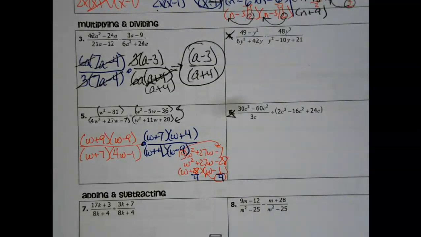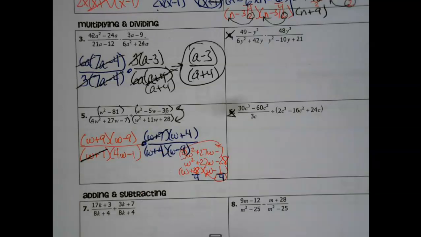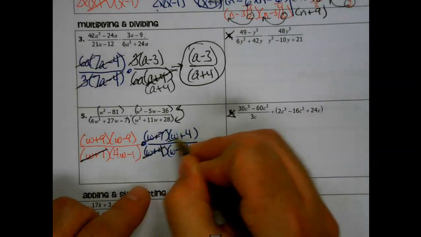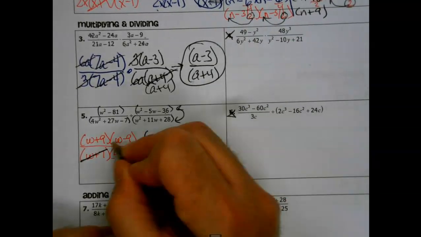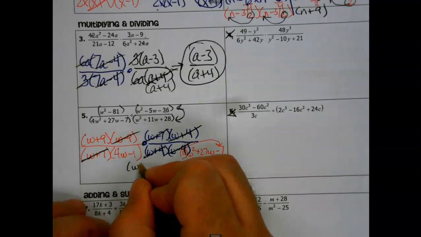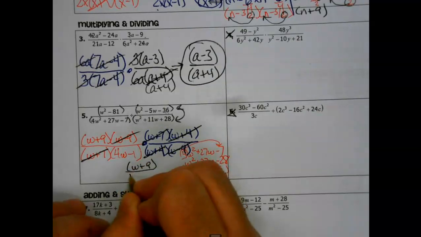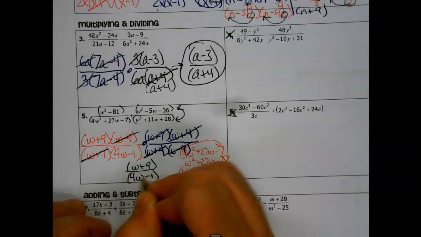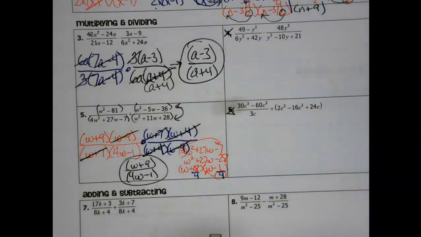Again, you can cancel diagonally. You can cancel numerator, denominator, diagonally or vertically. We just can't go side to side. Either of those other ones are okay.